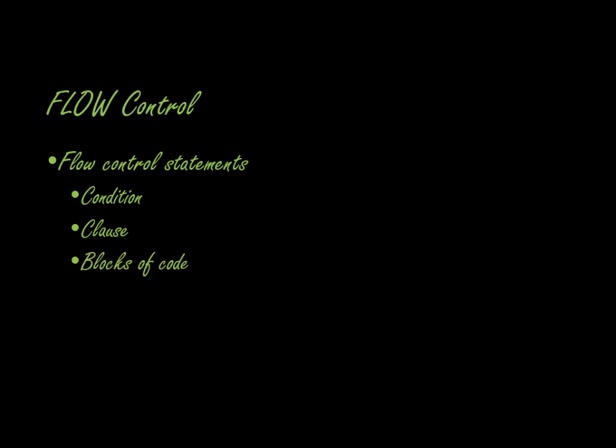And we refer to this entire process as blocks of code. So we can have several different blocks of flow control code within our Python script, and it allows us to make decisions as we go through that script.